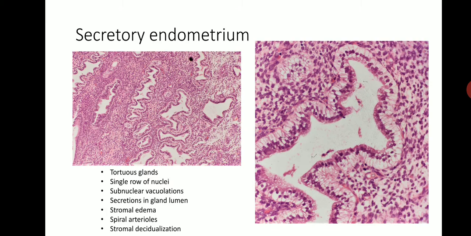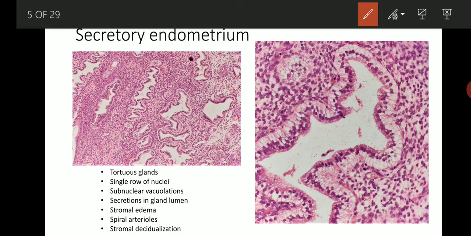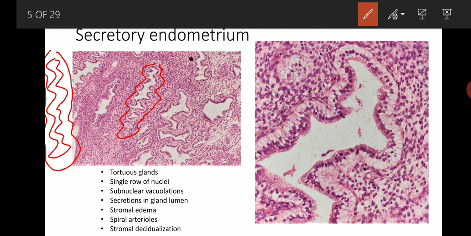In contrast, if you look at a secretory endometrium, you will note that the structure or shape of the glands have now become tortuous. They have become like this, sometimes referred to as corkscrew-like appearance. All these changes occur in the endometrium under the influence of progesterone.